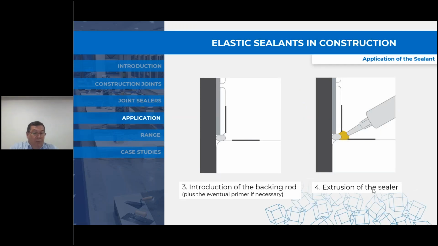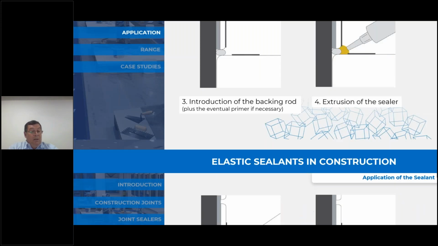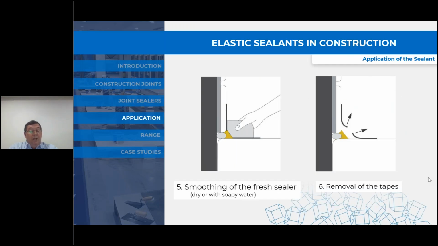We'll then talk about a backing rod, or in the case of no need for a backing rod, perhaps a bond breaker tape, just a cellophane tape that prevents adhesion to the base of the joint as well. And then, of course, the extrusion of the sealant into the joint. And from there, tooling it off efficiently.